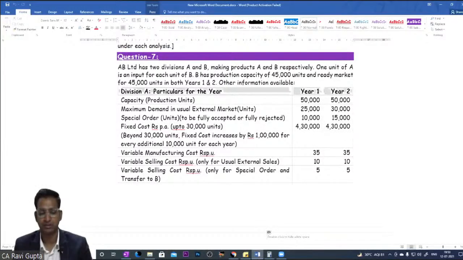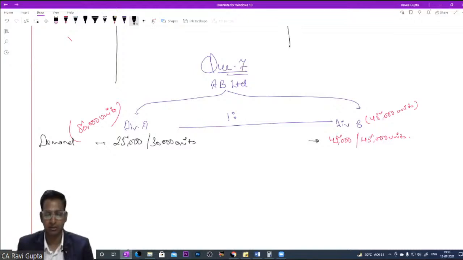Okay, so there is an external demand, a special order, with units to be fully accepted or fully rejected. So we need to make some changes here.